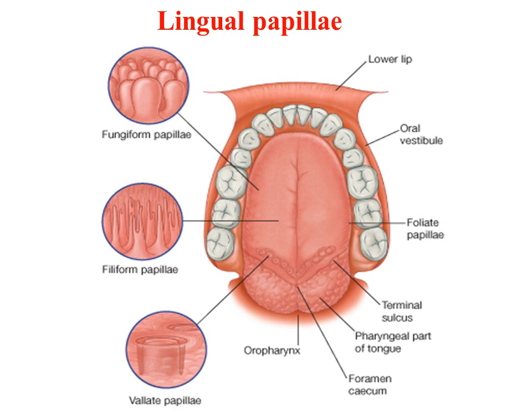Lingual papillae, you already talked about in the histology session. There are 4 types of lingual papillae: filiform, fungiform, foliate, and circumvallate. The one anterior to the sulcus terminalis is the circumvallate papillae, which can be seen by the naked eye, and this is the site for taste sensation of bitter substances.